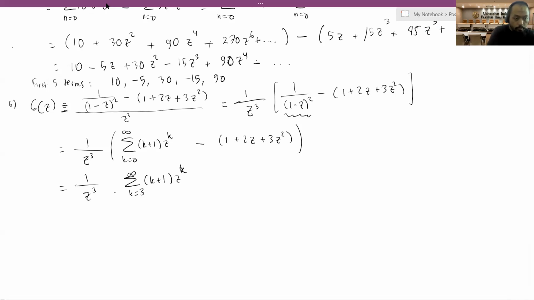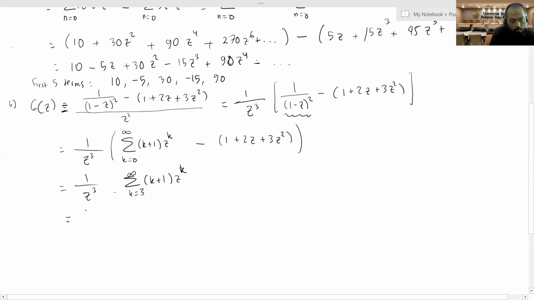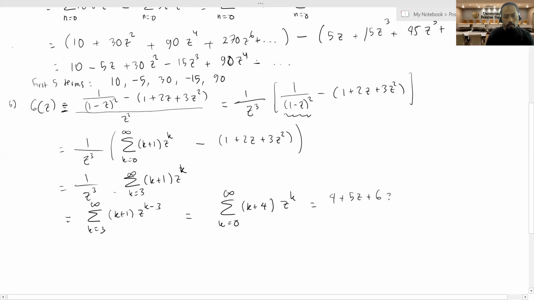So from here, we get sum of k from 3 to infinity k plus 1 z to the power of k minus 3, and this is of course equal to sum of k from 0 to infinity k plus 4 z to the power of k, and this is equal to 4 plus 5z plus 6z squared plus 7z cubed plus 8z to the power of 4 and so on.